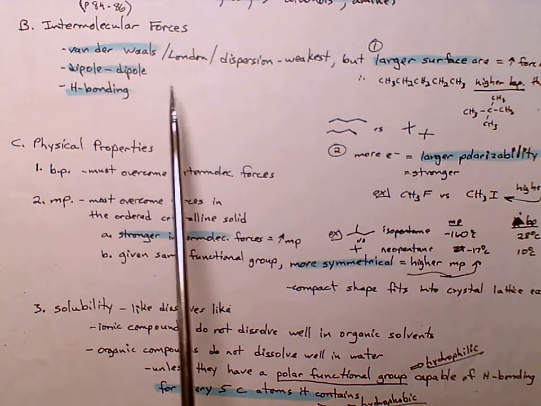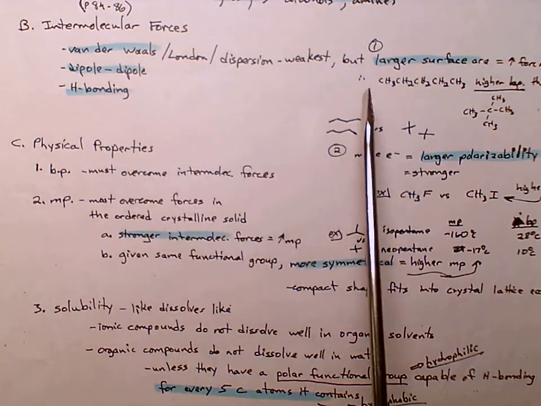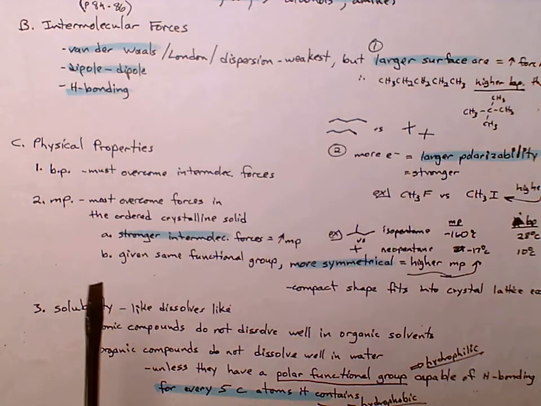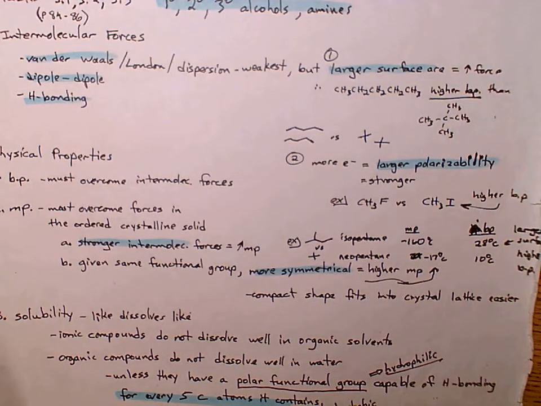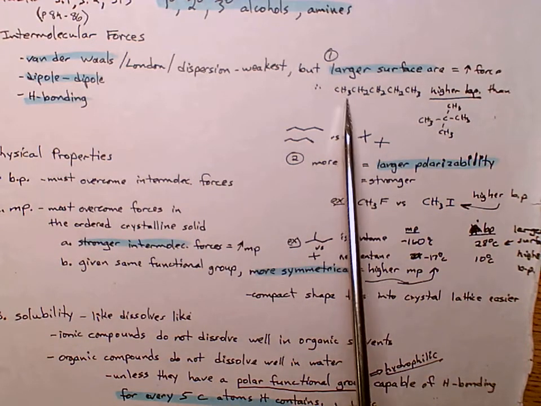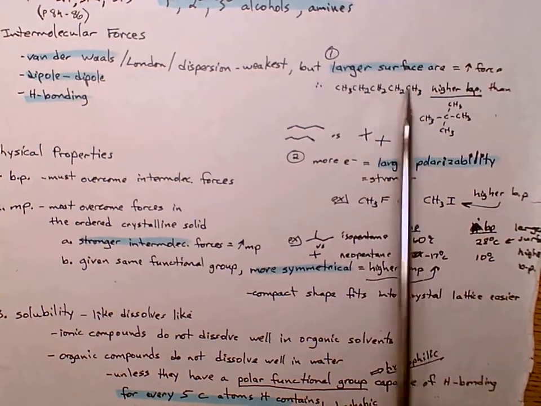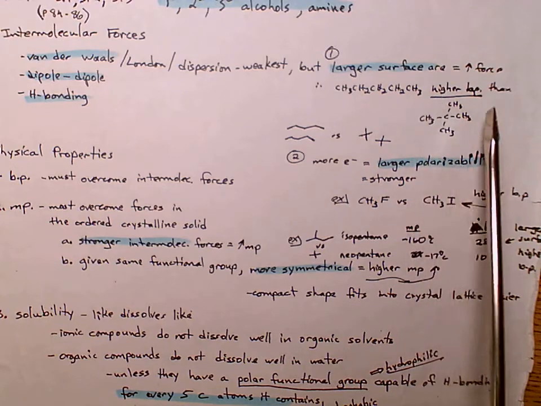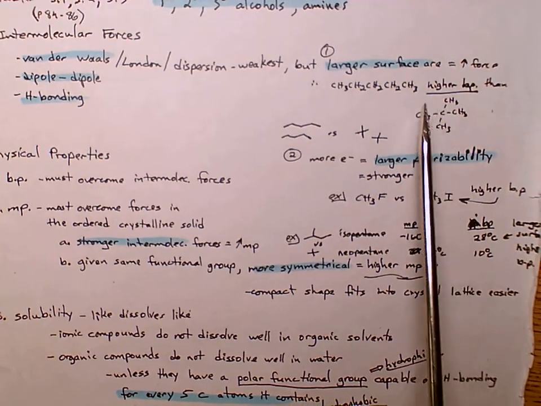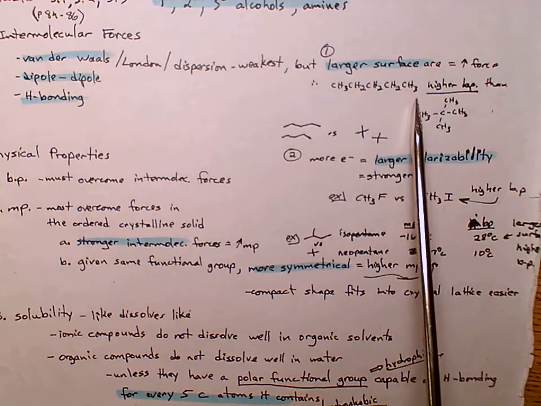And although the van der Waals forces are the weakest in general, what we find is if molecules have a large surface area, that increases the van der Waals force. So if we look at this molecule here, CH3, CH2, CH2, CH2, CH3, this 5-carbon molecule, compared to this 5-carbon molecule, we'll see this one has a larger surface area.